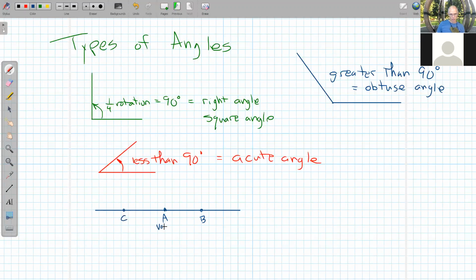If I want A to be the vertex here, and I measure the angle from the AB side over to the C side, if A, B, and C are collinear, they all live on one line, and A is the vertex, then this has to be a 180-degree angle. If you have an angle that's exactly 180 degrees, the 3 points are collinear through the vertex. That's called a straight angle. It makes a straight line.